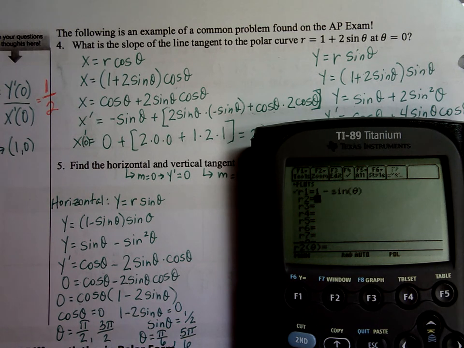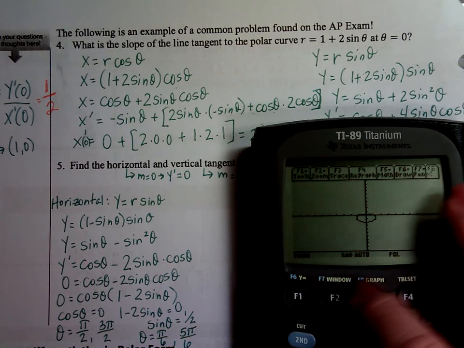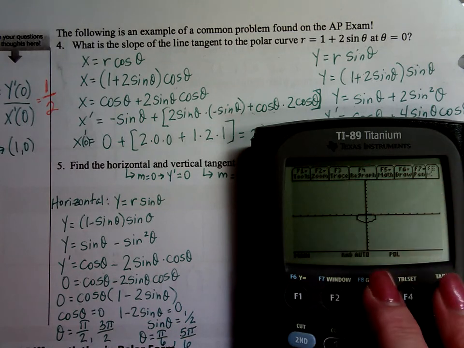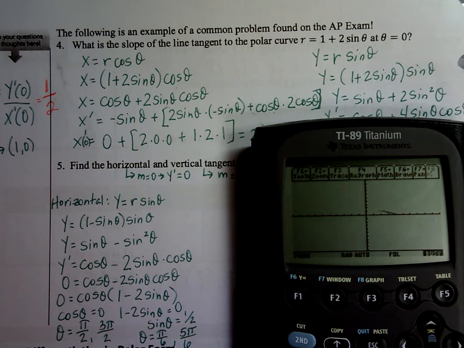Go to graph it. It's kind of small to see. Let me see if I can change my window a bit or zoom it. F2, let's zoom in. There it is. Okay. I'm not quite as circular, but that's okay.